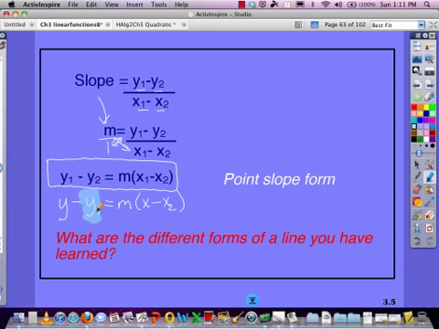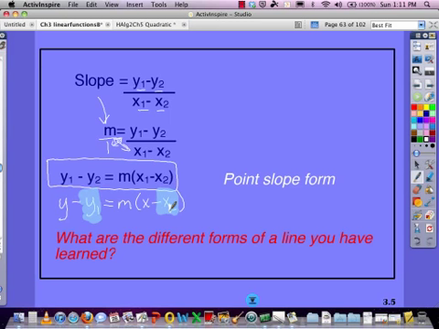So here and here are the x, y ordered pairs, and I said x2, it really should be x1 back there. So let me make that change real quick. x1, y1 is an ordered pair, it goes together.